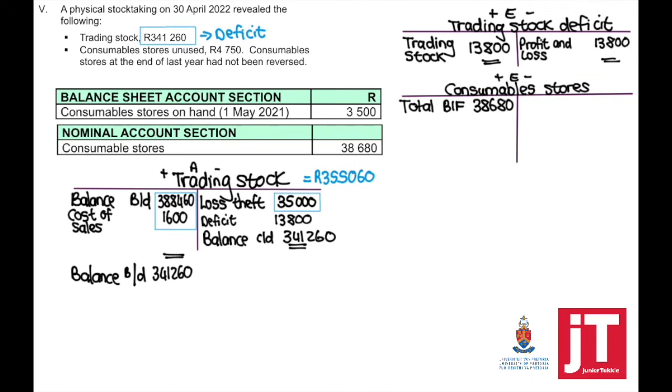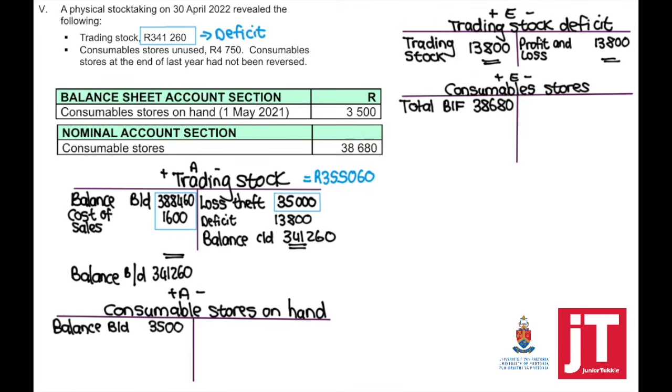Consumable stores has a total brought forward from the pre-adjustment trial balance, 38,680. Now we first need to do the reversal entry, which means consumable stores on hand would have a balance brought down on the debit side.